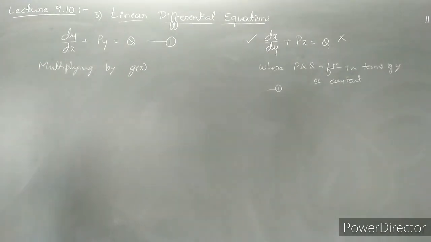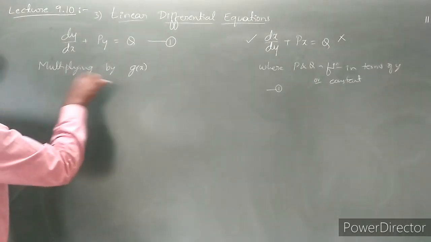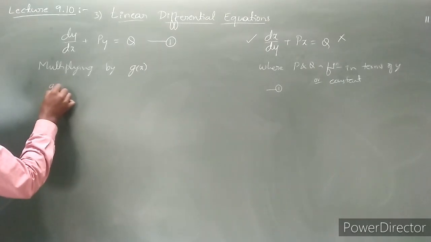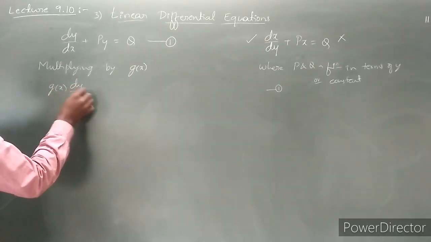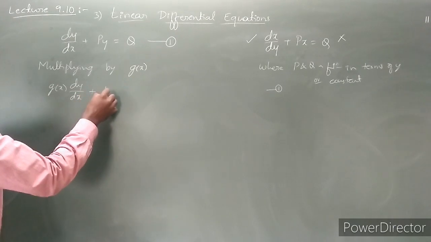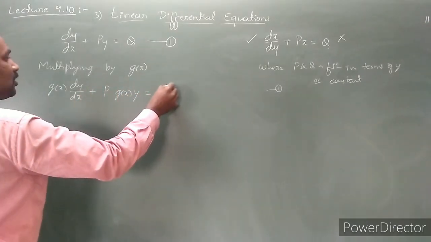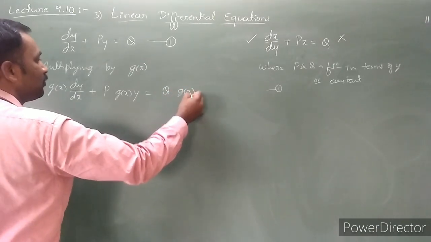What is this g of x? It is a function in terms of x. Multiplying throughout by g of x for equation number 1, what happens? g of x into dy by dx plus p into g of x into y is equal to q into g of x.